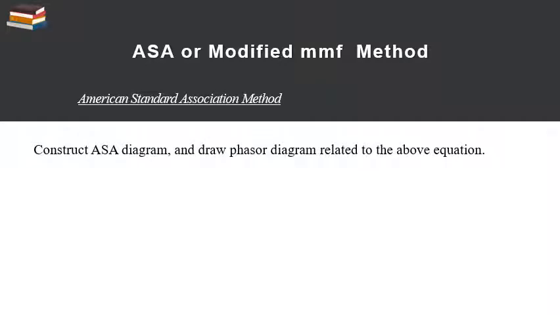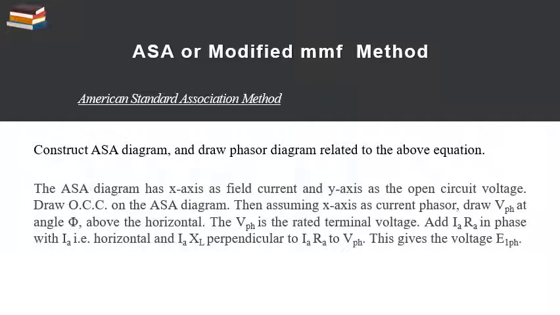Construct the ASA diagram and draw the phasor diagram related to the above equation. The ASA diagram has x-axis as field current and y-axis as the open circuit voltage. Draw OCC, open circuit characteristics, on the ASA diagram.